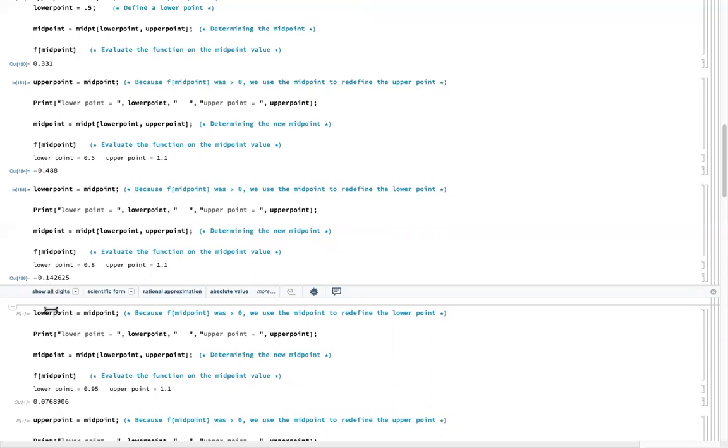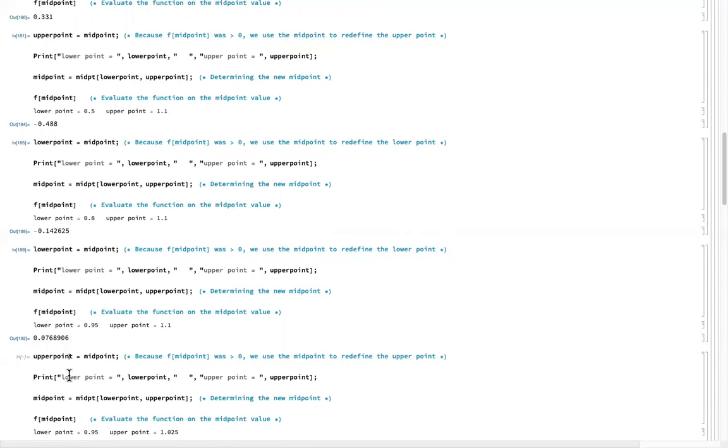So I say lower point equals midpoint, and I do it again. This time, notice that when I evaluate the function on the new midpoint, I get a positive number. So that means I need to move the upper point down to the midpoint. And then iterate again.